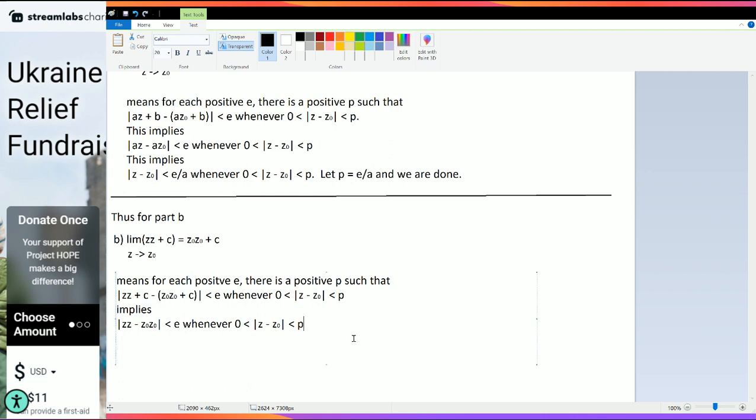Okay. So this should be z plus z naught times z minus z naught. I have no idea if this is the right direction to go in, but I will go in this direction nonetheless.